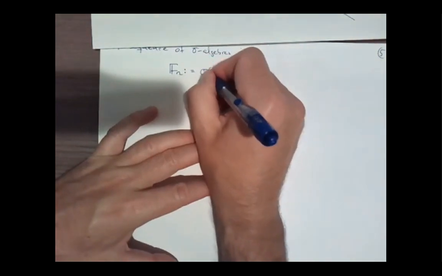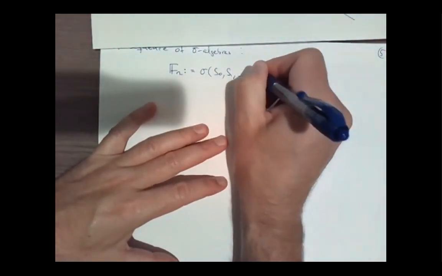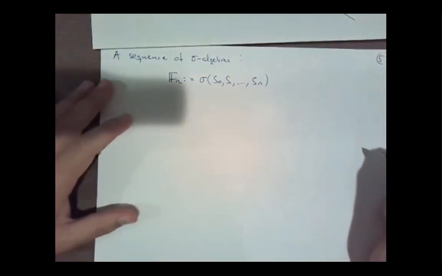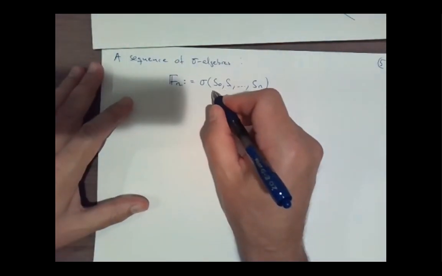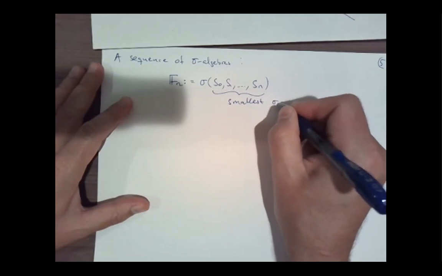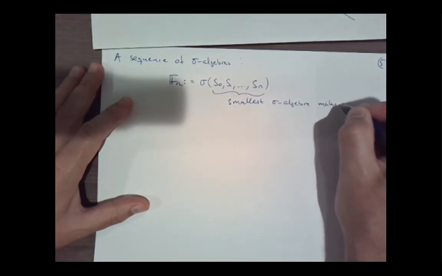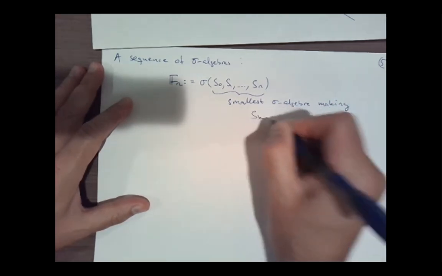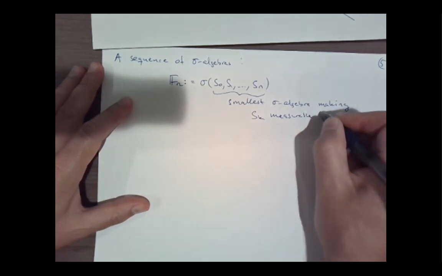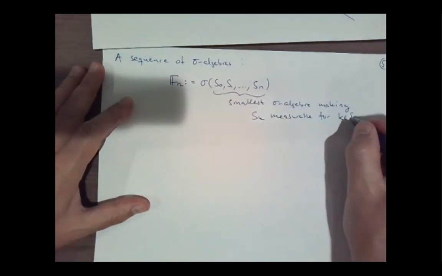It's going to be the smallest sigma algebra that makes the first n stock prices measurable, that is, Sk measurable for k running between 0 and n.